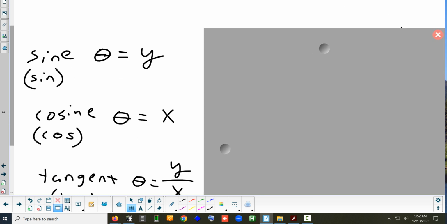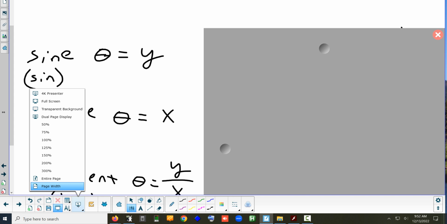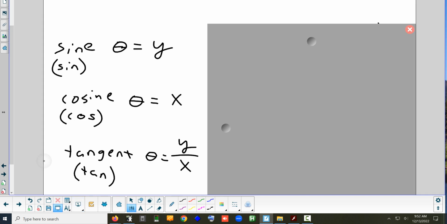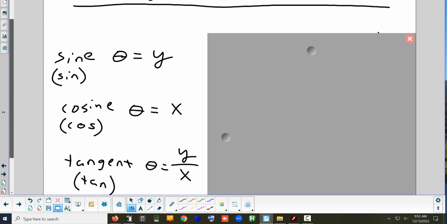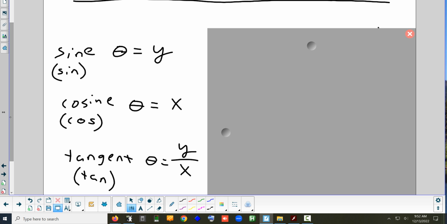When we want to find the cosine of an angle, we need the x value of its coordinate. And if you want to find the tangent of an angle, you need both. You have to take the y value and divide by the x value.